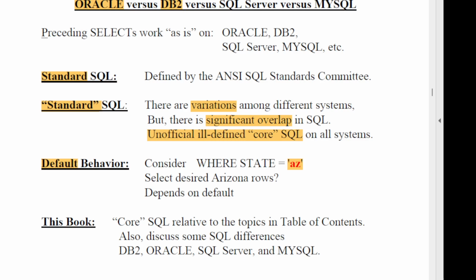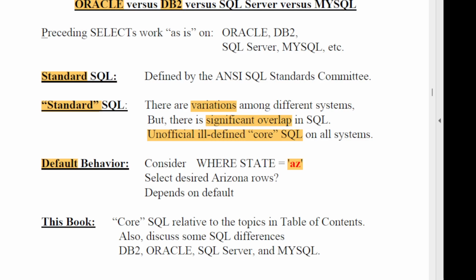The question is, will this work? Will it select all the desired rows? Well, it depends upon the system, and on the same system, it could depend upon a default.